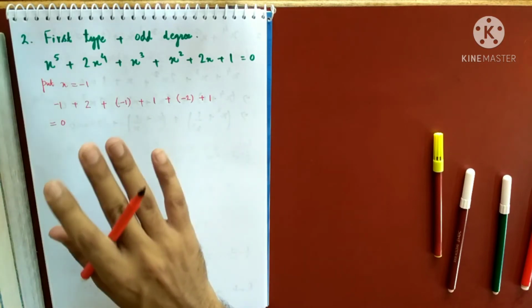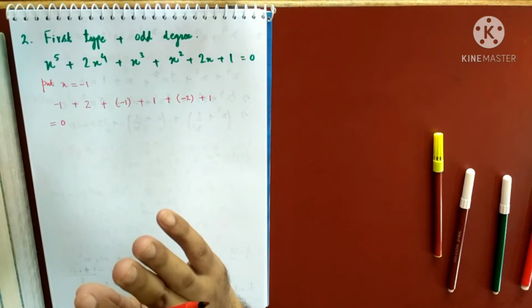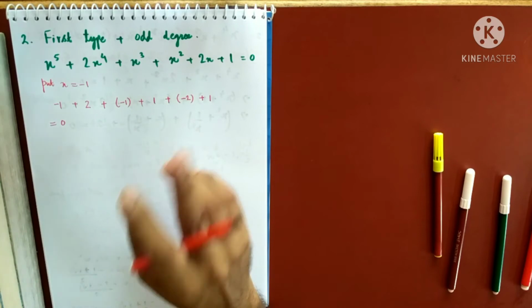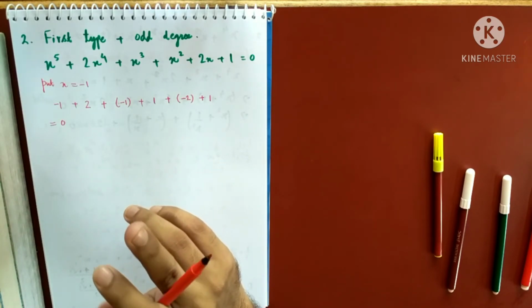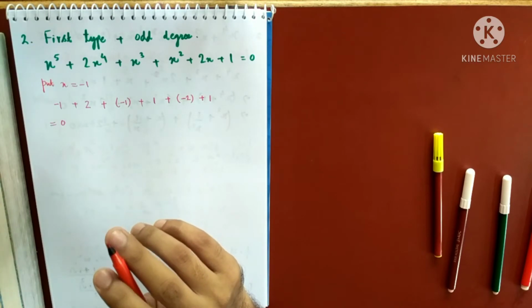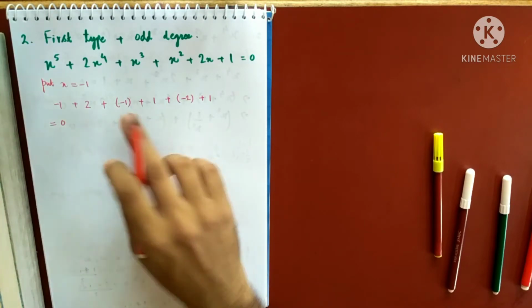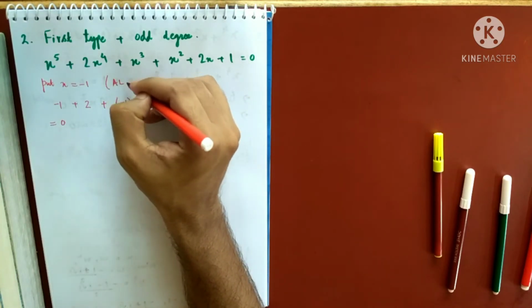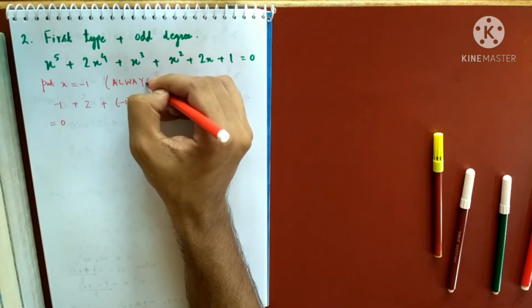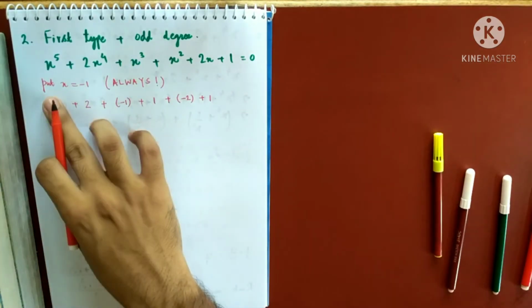So remember, when I have an equation of first type and odd degree, x equals to minus 1 will always be the solution to this equation. Always. So you can divide by x plus 1.